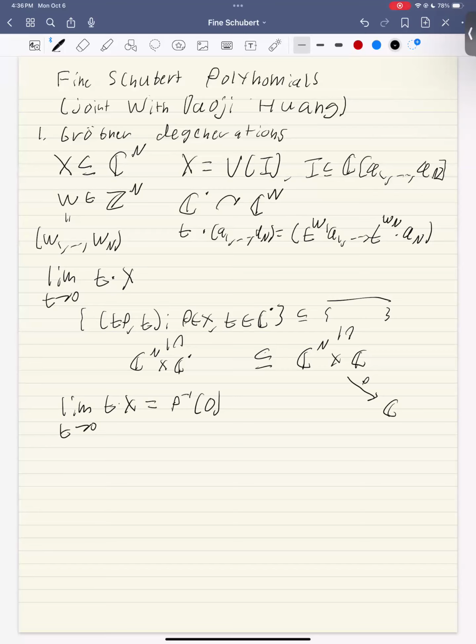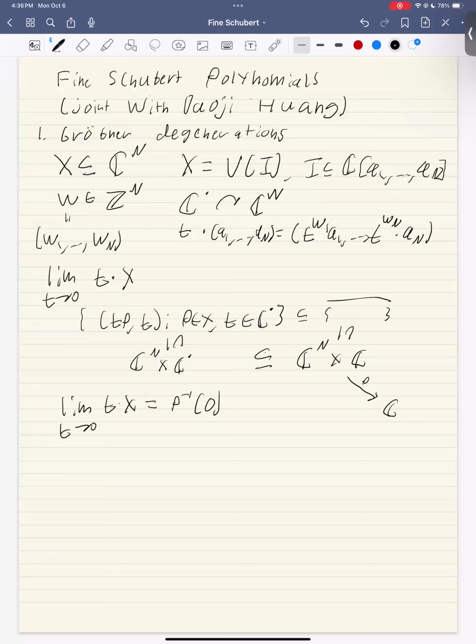So let me explain what the algebra problem is, what computing in_W X is in terms of algebra. So suppose I have some polynomial f of A1 through An in I, where I is the ideal corresponding to X. Then I can cook up a polynomial which vanishes on this closure as follows.